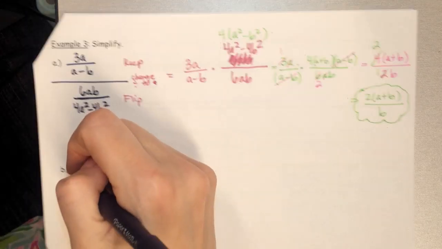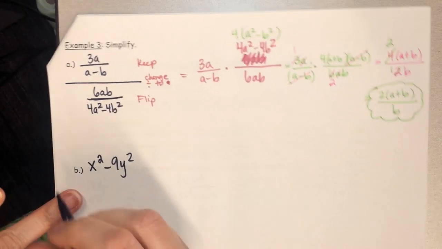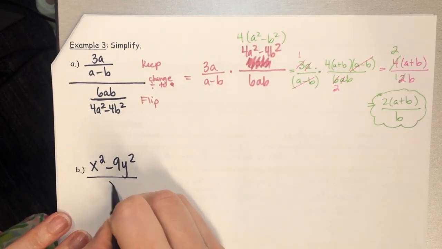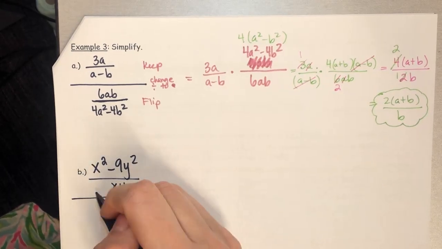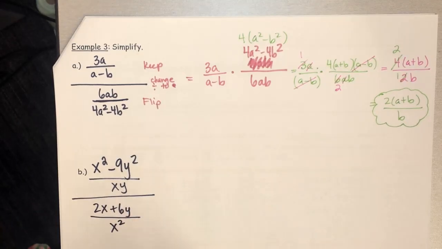Alright, so based on that, I'm going to have you do B, which is x squared minus 9y squared over xy divided by 2x plus 6y over x squared.